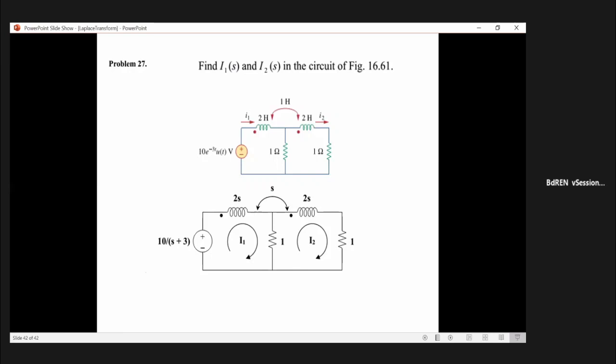Your dot convention says that if your current is entering through the dot terminal of a coil, then the voltage appearing at the opposite coil's dot end will be positive. So in this way, take help of Alexander Sadiku's book on how to write the equations for a coupled network. The Laplace transform can equally be applicable there.